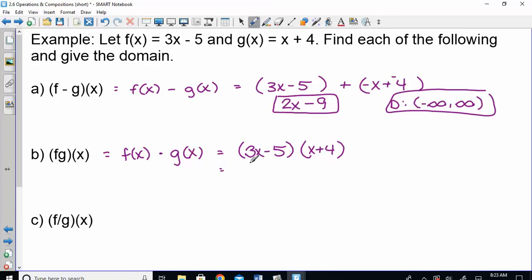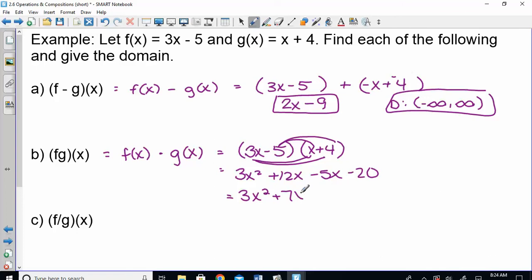If I want to multiply those, we just FOIL. So 3x times x is 3x squared, plus 12x, minus 5x, minus 20.